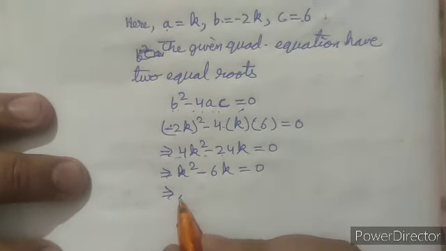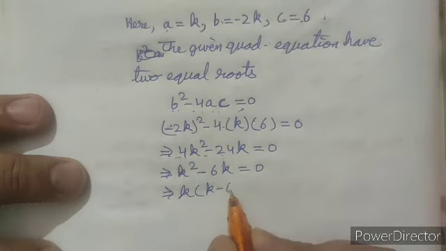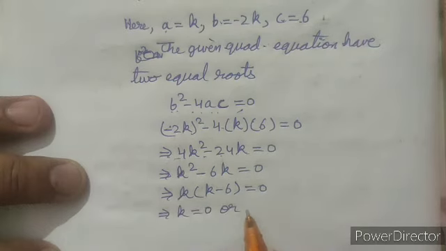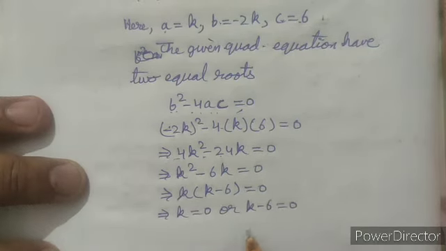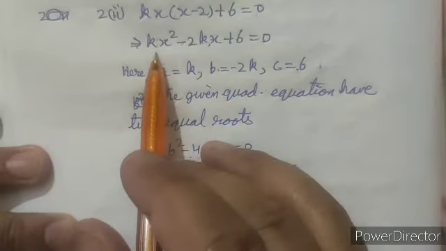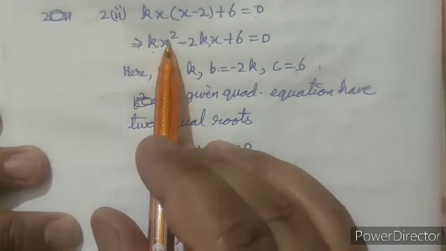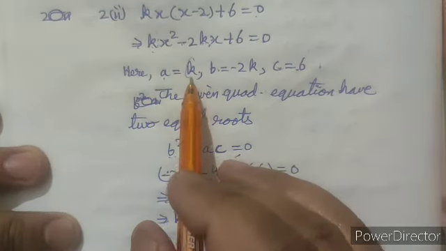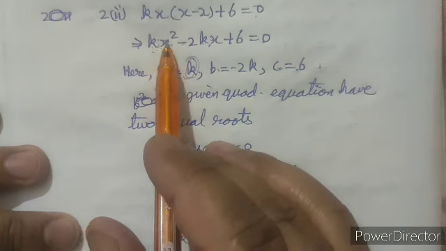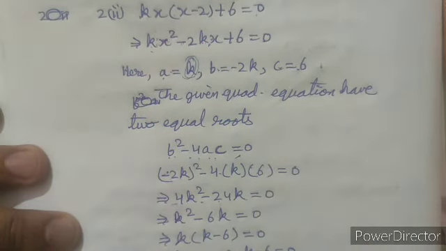On taking k as common, this will give us k into k minus 6 equal to 0, and that means either k is 0 or k minus 6 equal to 0. Now k cannot be equal to 0, because if k is 0, then this will be 0x square, and we know that in a quadratic equation, the value of a, or you can say the coefficient of x square, cannot be 0.